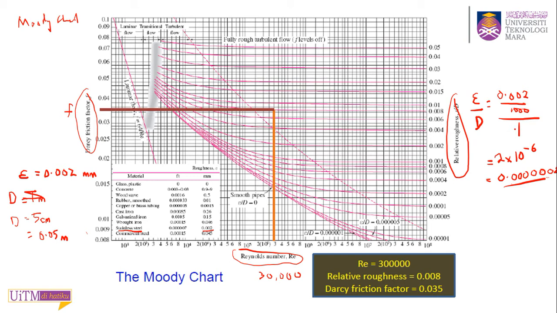So when we divide 0.002 by 1000 and by 0.05, this is more logical, you will get 4 times 10 to the power minus 5, which is 0.00004.